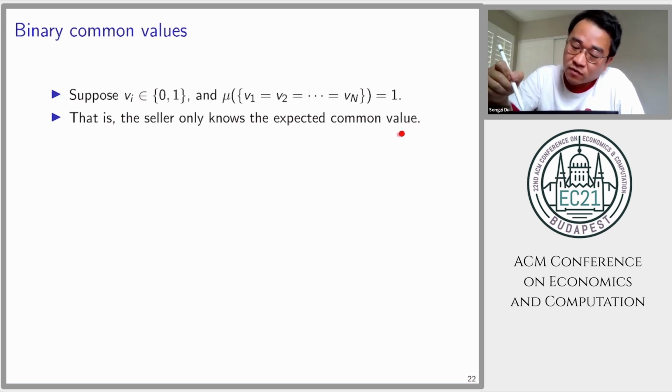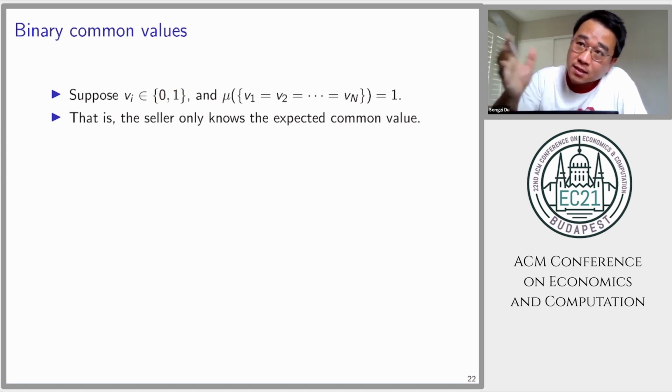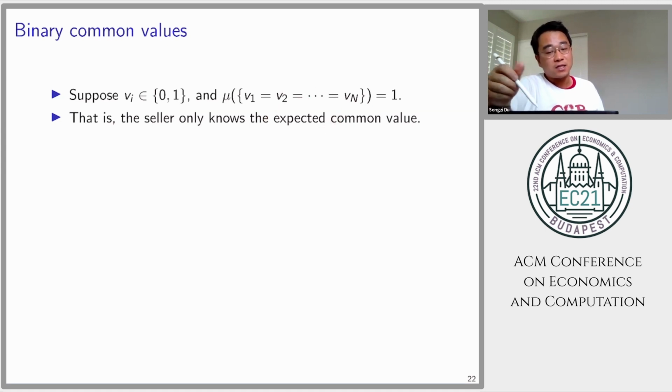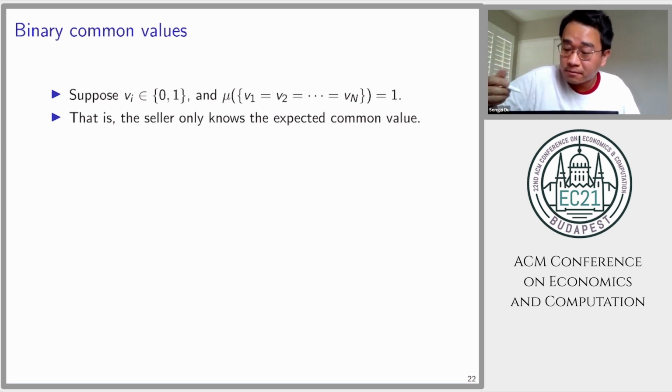Really, value can have any realization which is positive and in between 0 and 1, but they are just constrained to have the expected value which the seller knows exactly. Because it's well known that this known expected value case is exactly equivalent to saying that the ex post value is binary and either 0 or 1.